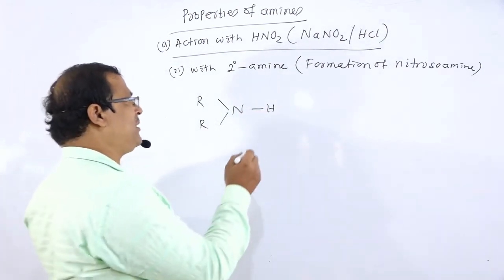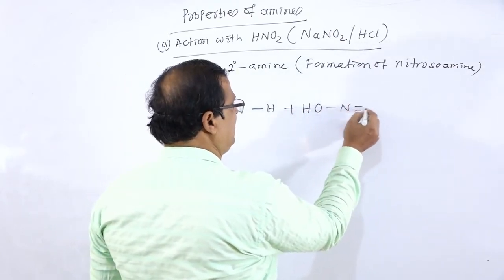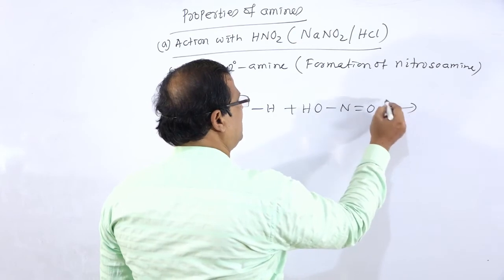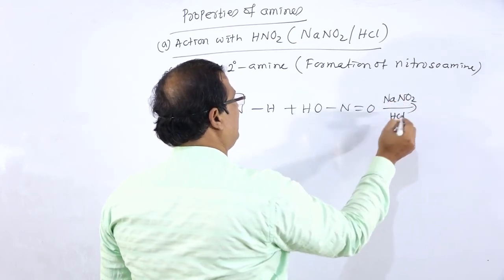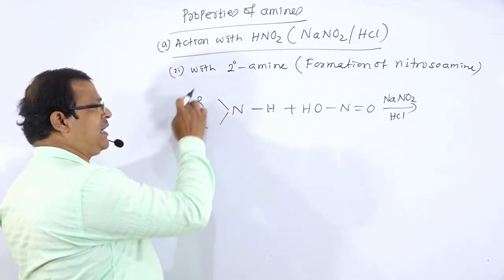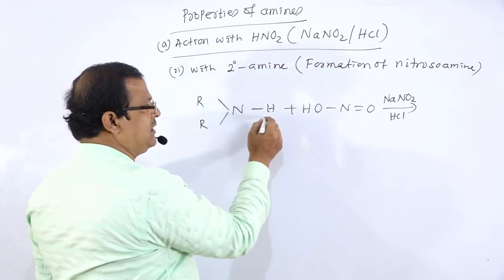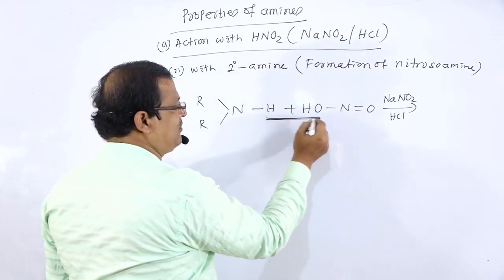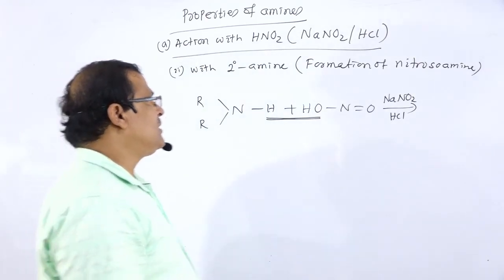So secondary amine is treated with nitrous acid, HO-N=O, that is from NaNO2 and HCl. H and OH are removed in the form of water. So what will be the product?